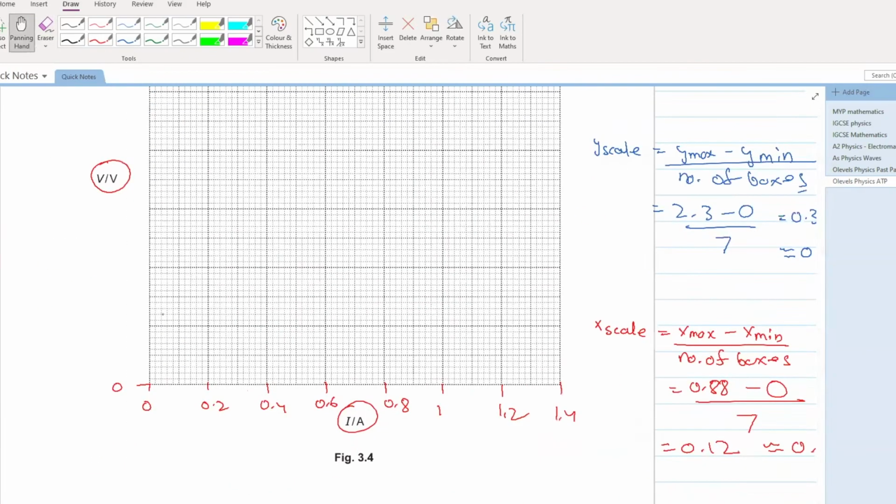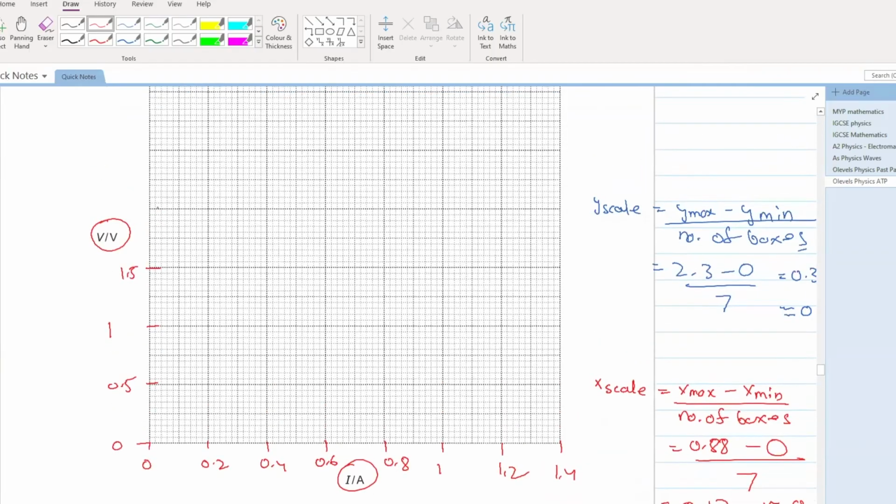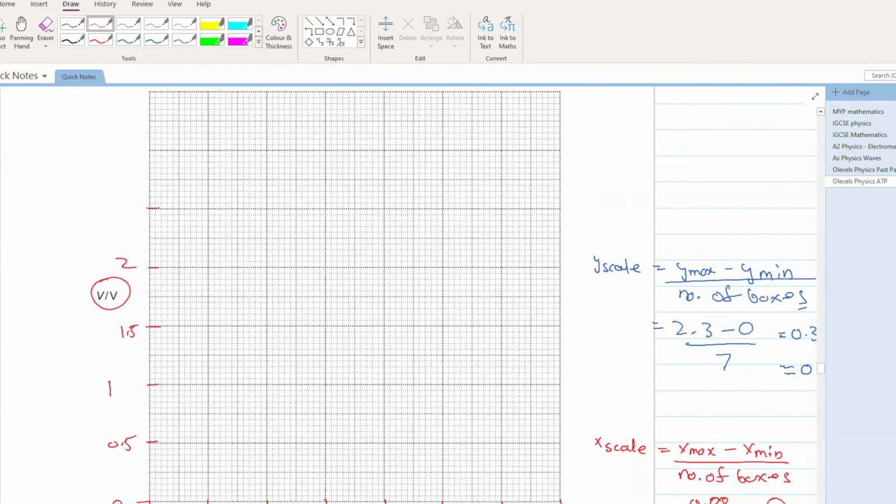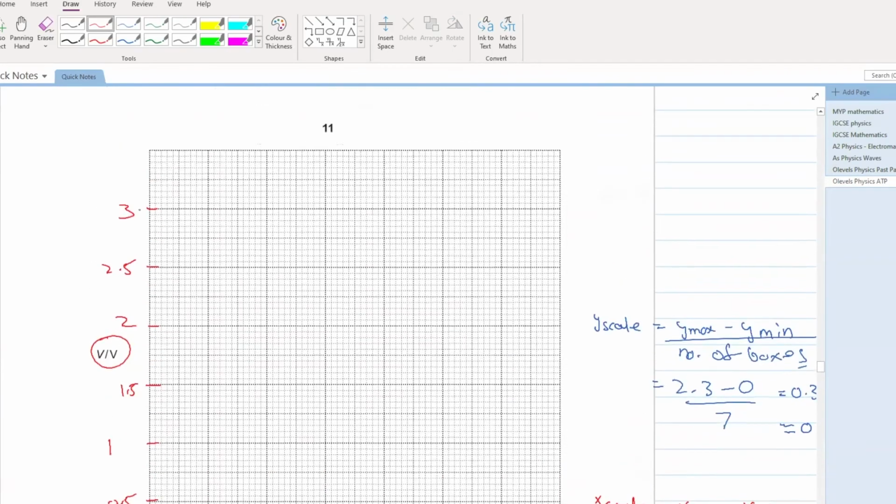Now, this is 0.5, this is 1, this is 1.5, this is 2, this is 2.5, this is 3, and this is 3.5. You have successfully plotted the scale.